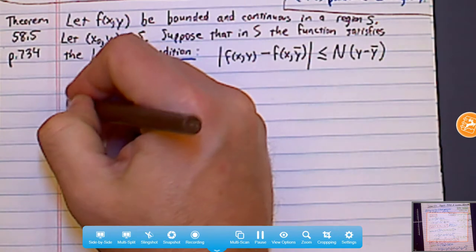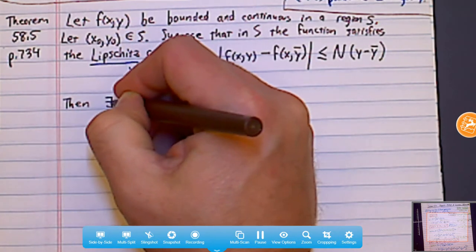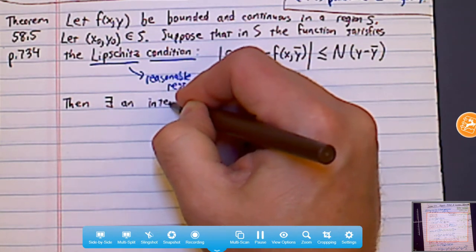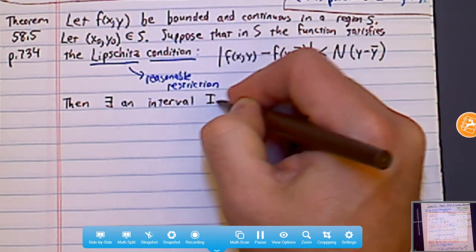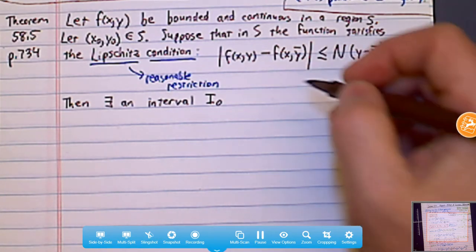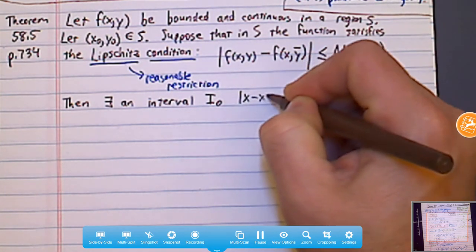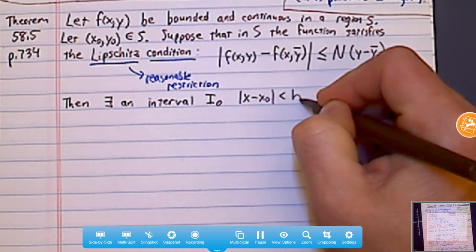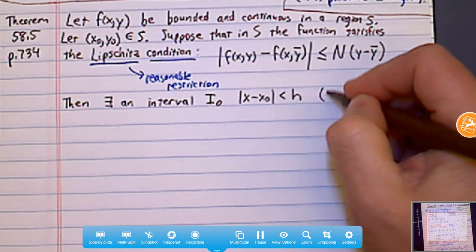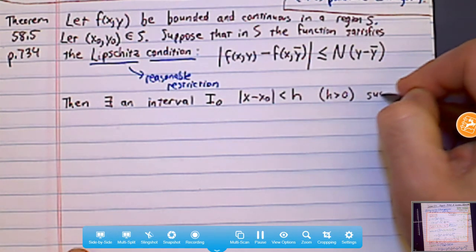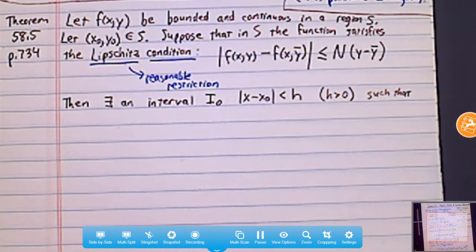Then, there exists an interval I-O given by absolute value of x minus x naught is less than h, and here h is bigger than 0, such that, are you guys okay with the backwards E for there exists?